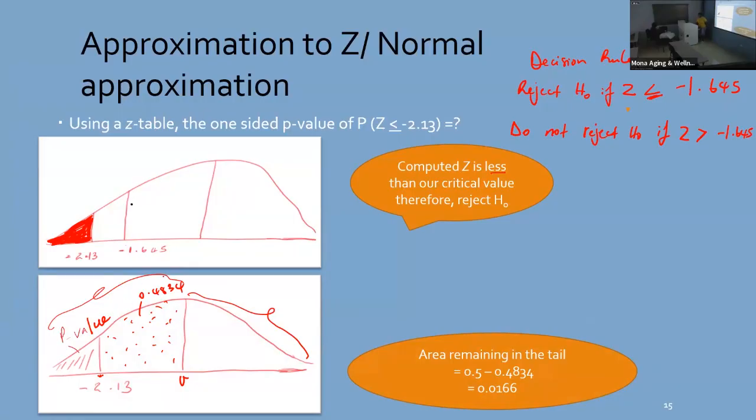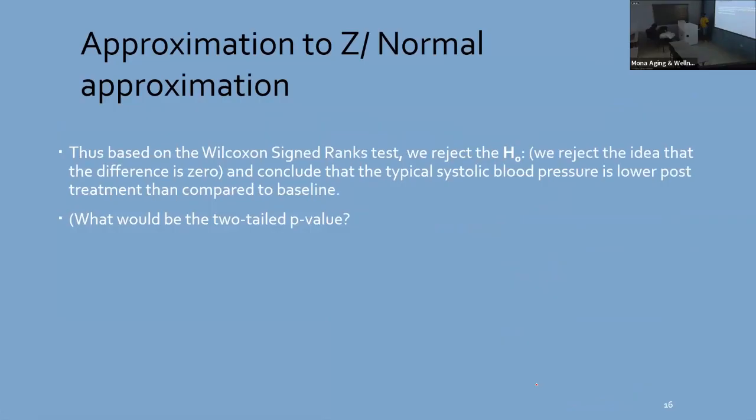If we know this portion, we subtract the known portion from the total. So 0.5 minus 0.4834 gives us a p-value of 0.016. Is this p-value greater than or less than our 0.05? It's less than our 0.05. So that's our one-sided p-value, 0.016.